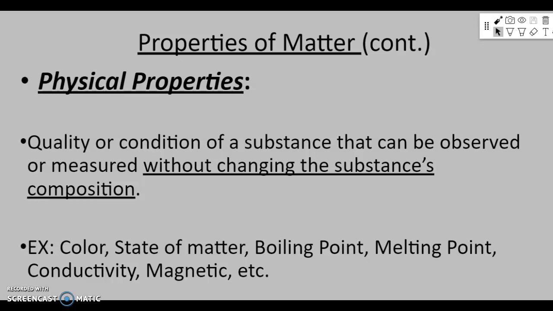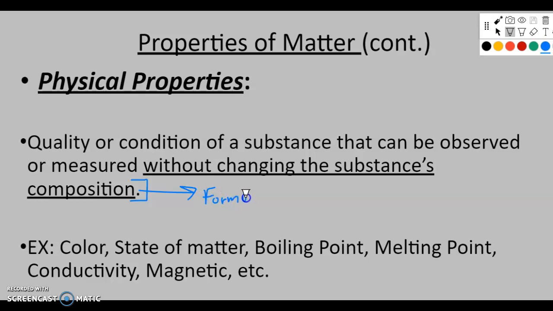Physical properties. Physical properties are the properties that can be measured, observed, without changing the composition. Now, when we're talking about the composition, we're talking about the chemical formula. Okay? So composition is the formula of the substance.